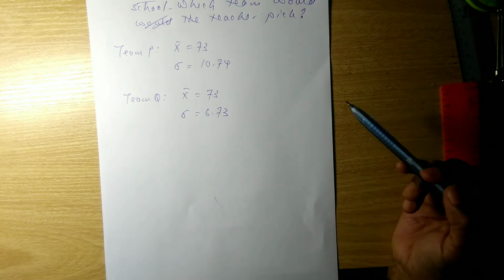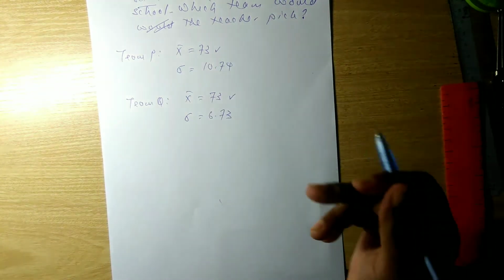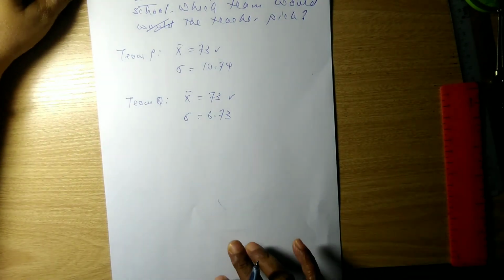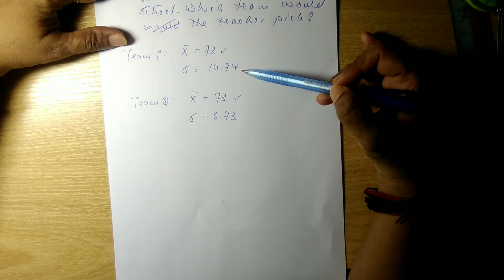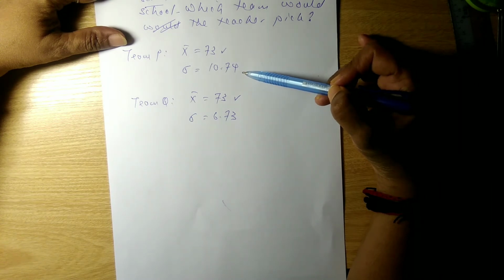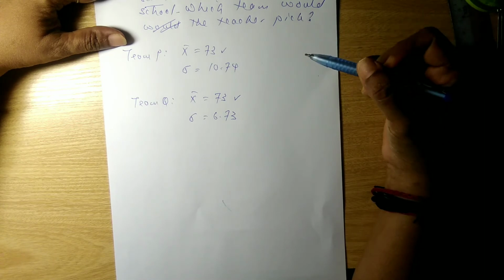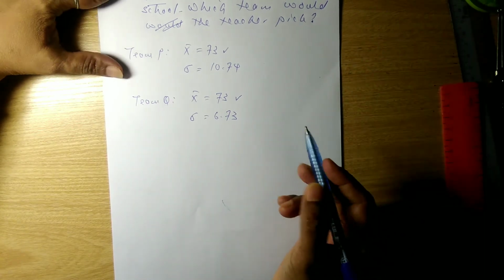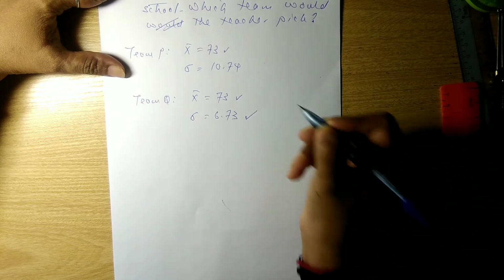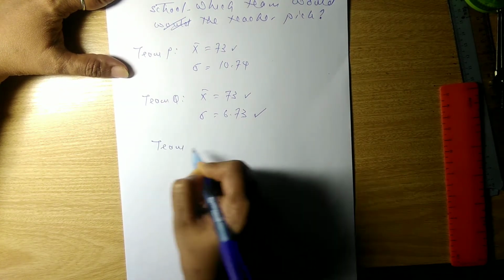But here the mean is the same. So the next quantity available is the standard deviation. Team P got 10.74 and team Q got 6.73. The teacher will select team Q.